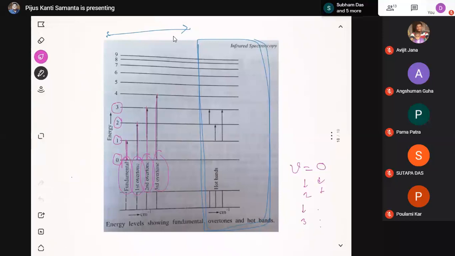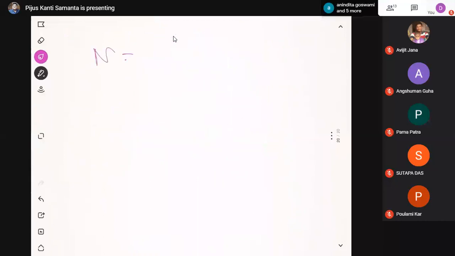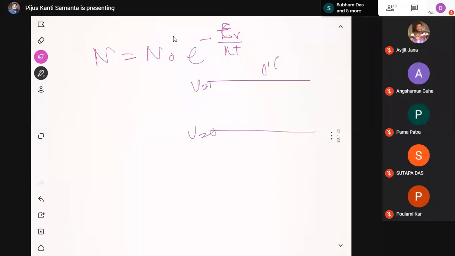And the second thing is that the thermal distribution of molecules among different energy levels obeys the Boltzmann distribution, that is N equal to N0 e to the minus E by kT. So the higher the energy level, the fewer the molecules. Compared to the ground state, V equal to 0, in the V equal to 1 state the molecules will be only 0.01% of N0.